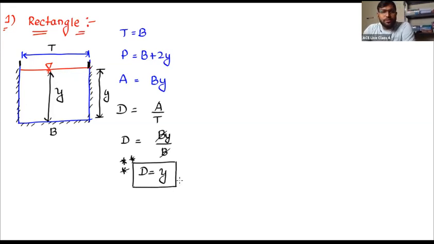Now, do you think you need to remember this D value? No. What is the D value? The average depth of the flow. As the depth is the same everywhere, the average depth is also the same.